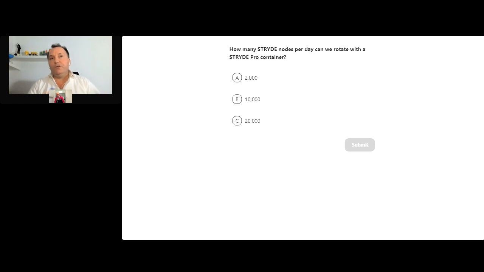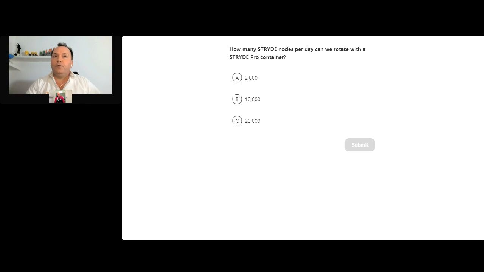So a question, and you have all the brochures available on our website and also on the webinar site regarding the Stride container capacity.